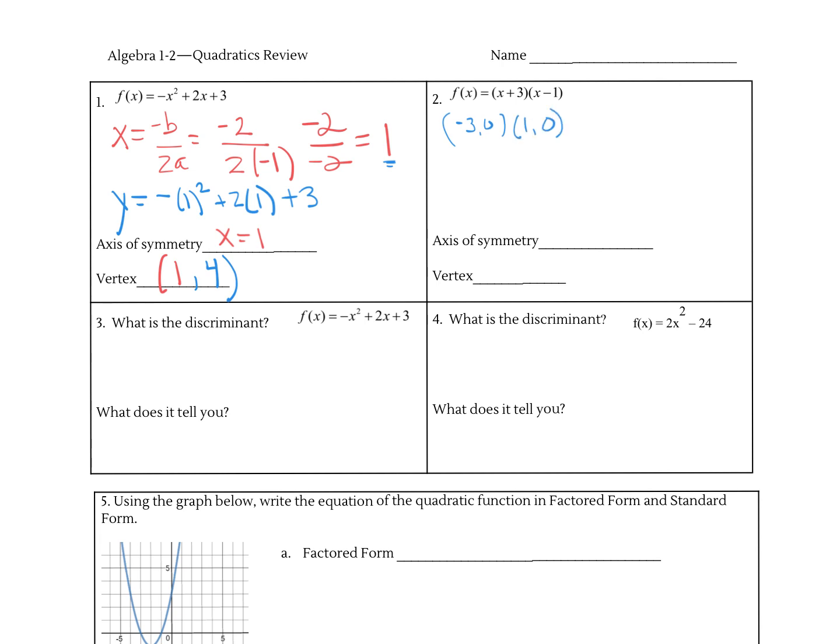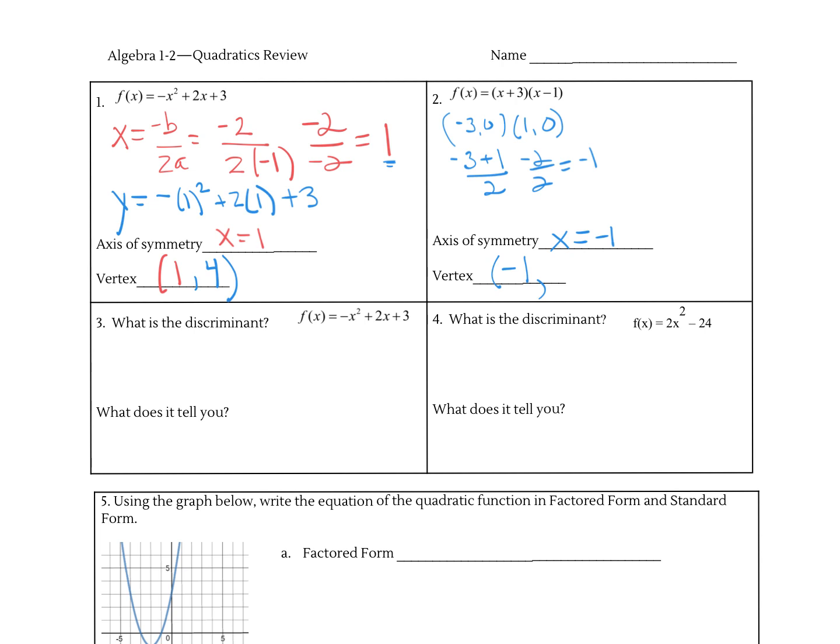What I know about the vertex is that it has to be the midpoint between those. So if I take -3 plus 1 and divide by 2, I end up with an x-coordinate of the vertex at -1. The x-coordinate of the vertex is -1. The axis of symmetry is -1.